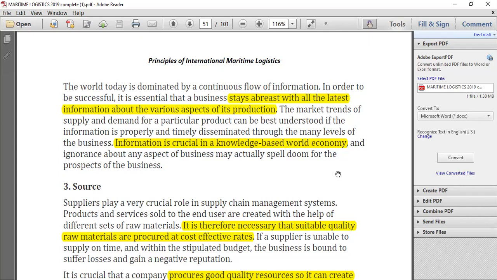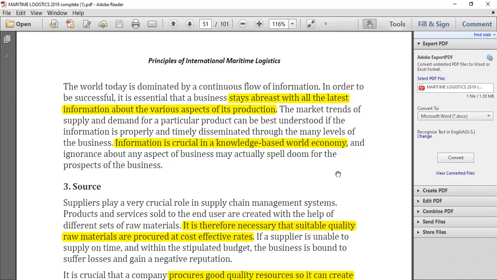The market trends of supply and demand for a particular product can be best understood if the information is properly and timely disseminated through many levels of the business.